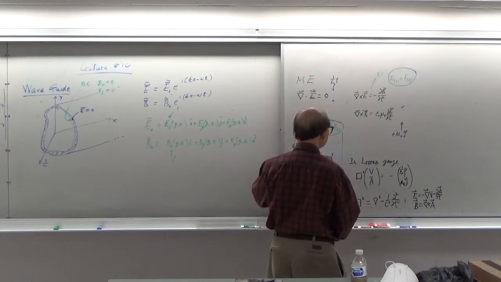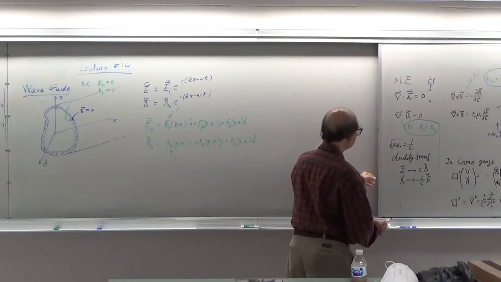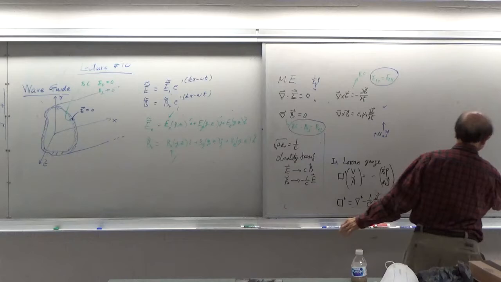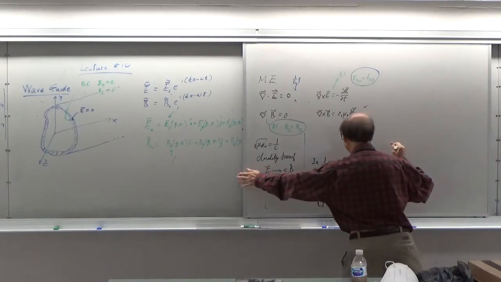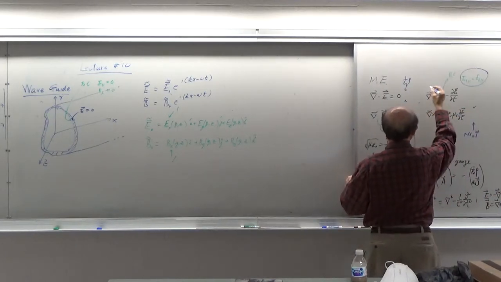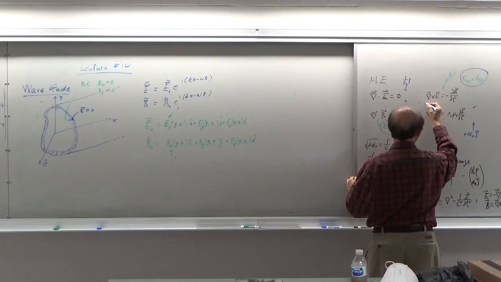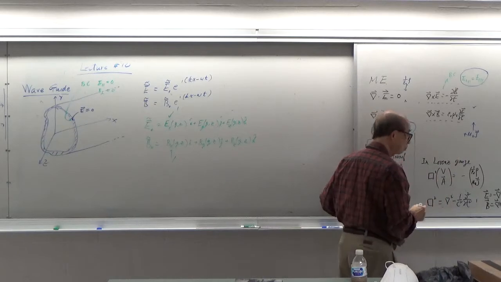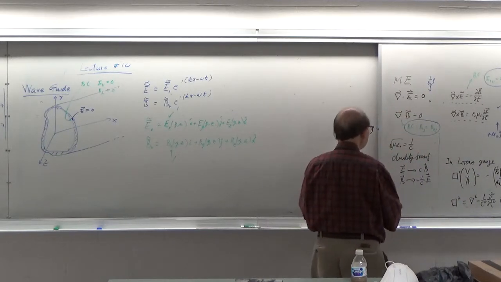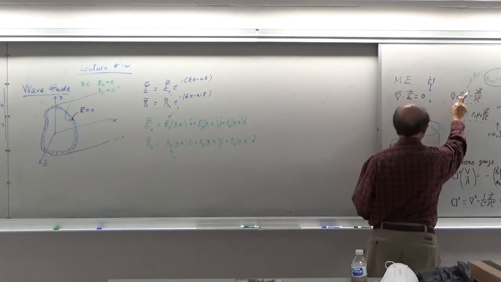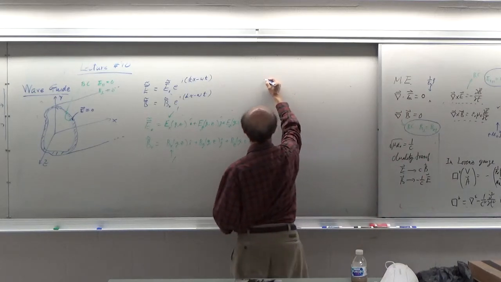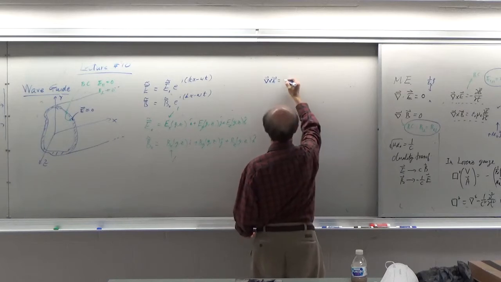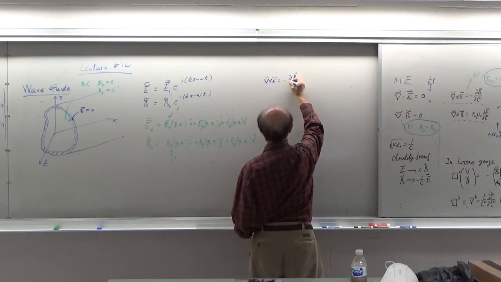Let me start. I'll go carefully. Make sure that you can see. Let me use this equation. From the first equation, the curl of E being equal to minus del B by del t.